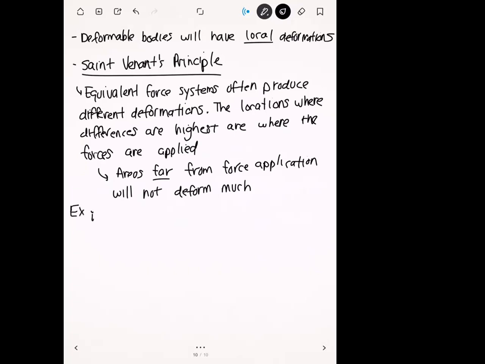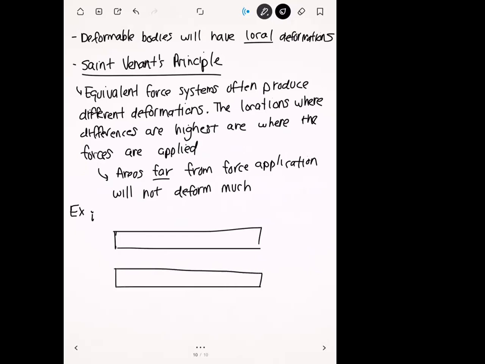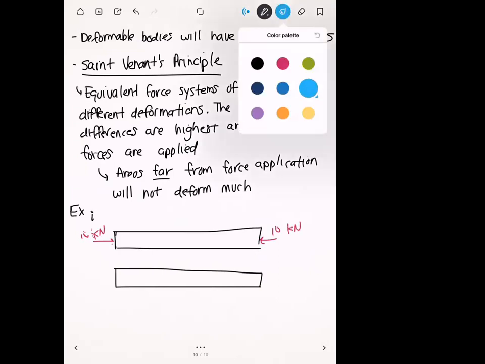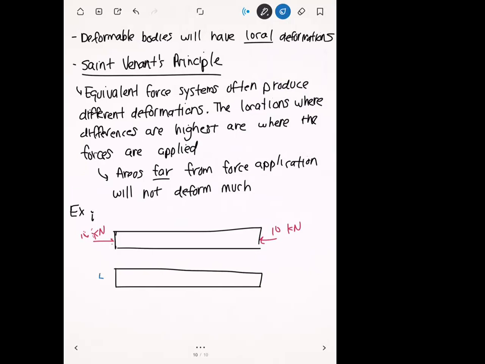Okay, so let's go back to our two bars from before. We have bar number 1, bar number 2. We know that bar number 1 is under compression, right? Meanwhile, bar number 2 is in tension.